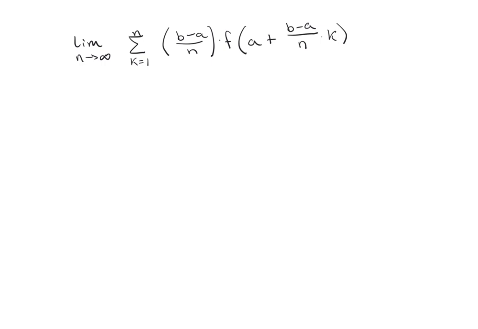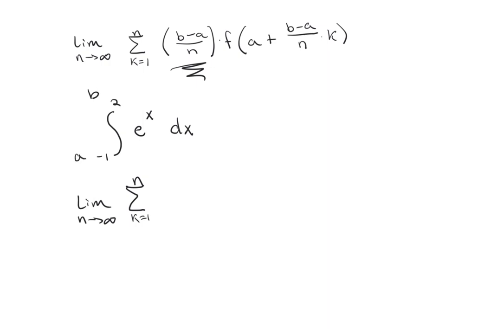Let's do that one more time with one more example. So definite integral notation from -1 to 2 of the function e to x. So we've got to write out the limit as n approaches infinity, summation, that's a silly summation, so k equals 1 to n. So this part, we just have to do b minus a, which in this case is 3.